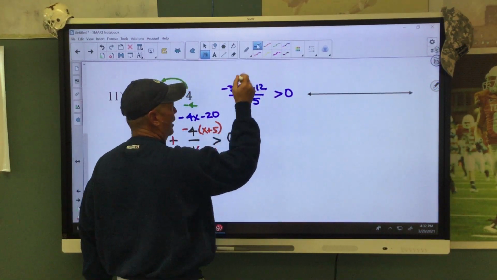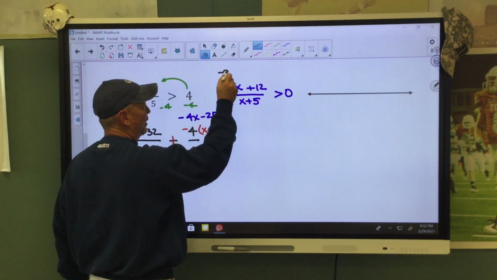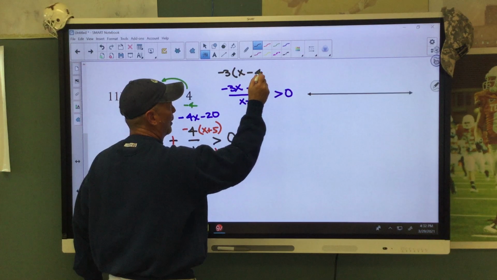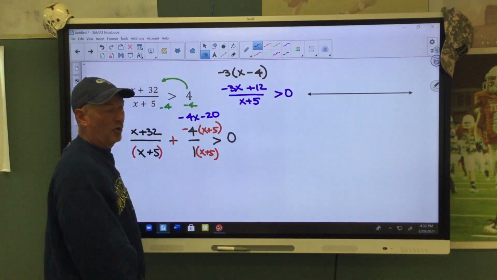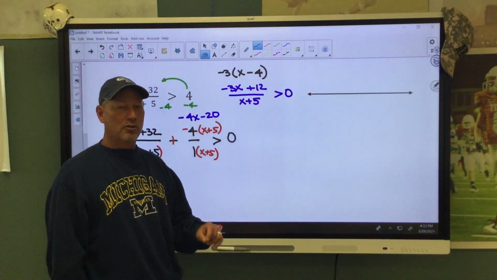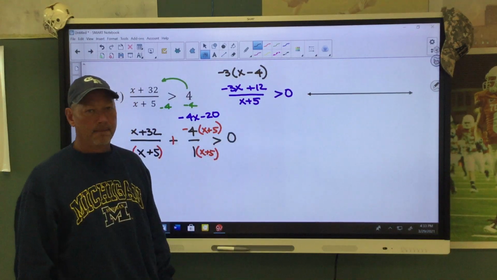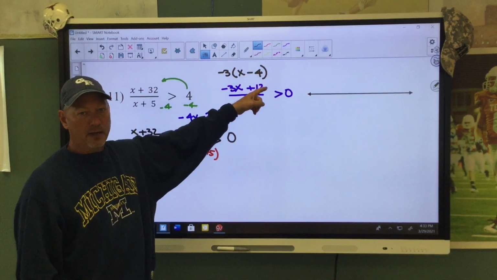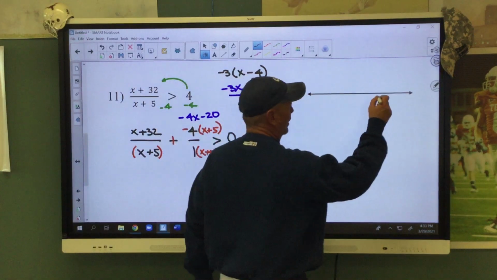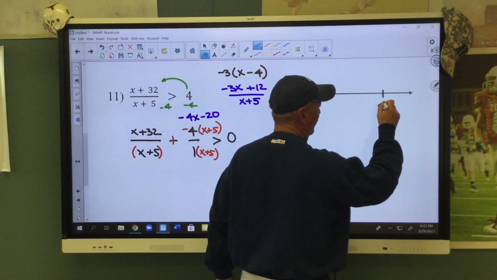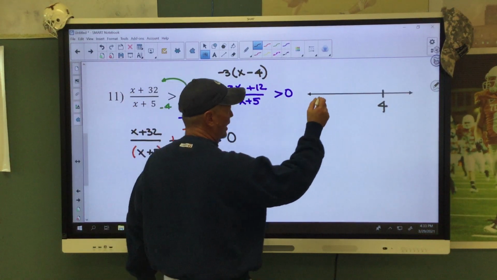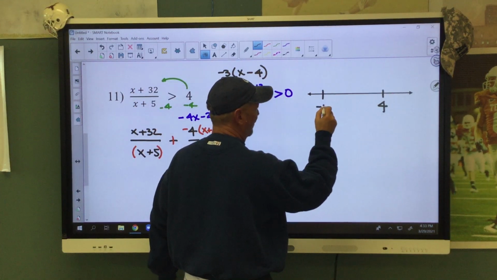We take out our greatest common factor of negative 3, and that's going to leave me with x minus 4. You always have to factor so you can determine what numbers to put on your number line. All right, in this case, the opposite of a minus 4 or a negative 4 is a positive 4. The opposite of a positive 5 is a negative 5.